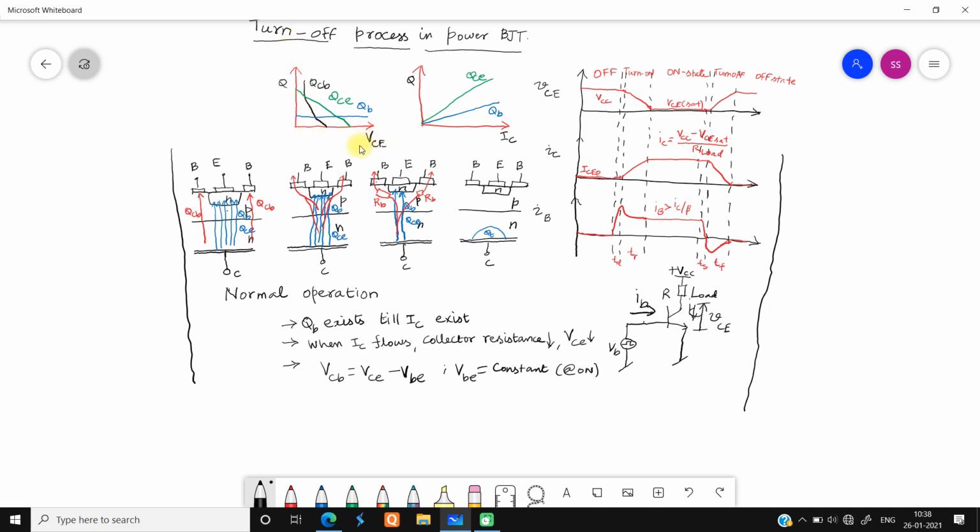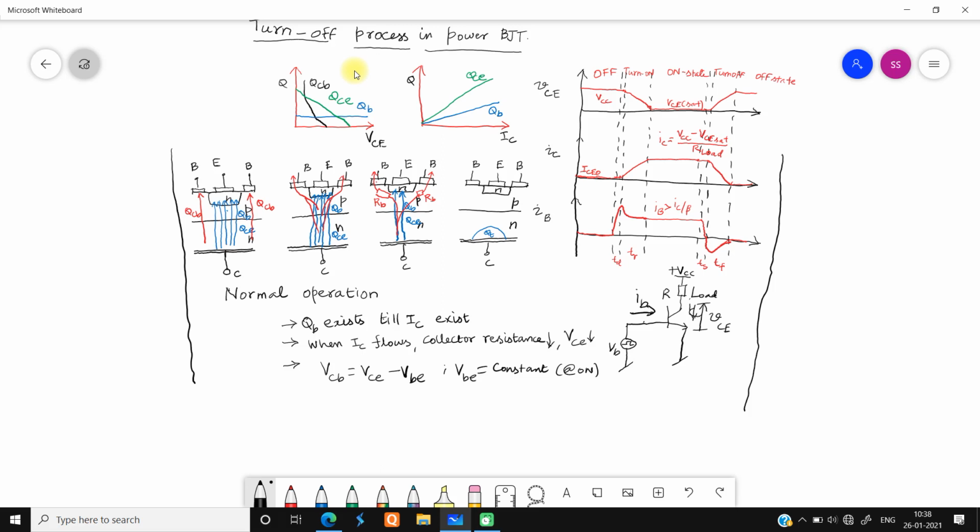Here, if you notice, three charges are going to be the significant charges that constitute the transition of the device characteristics from off to on or on to off.